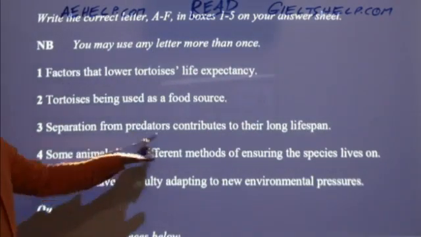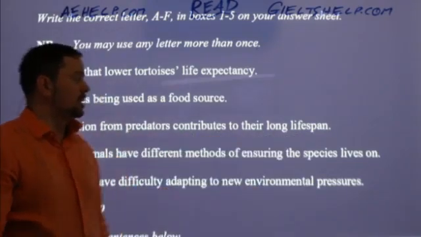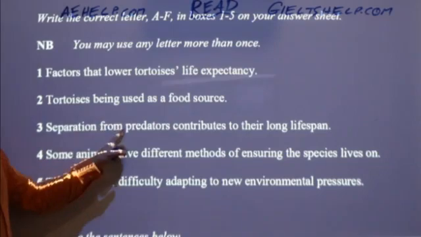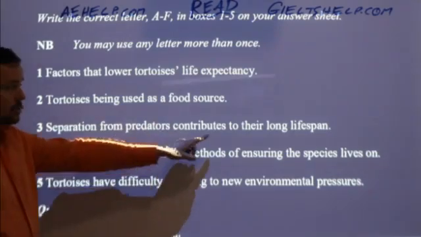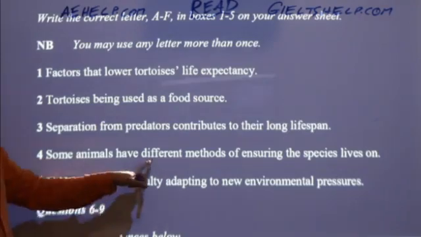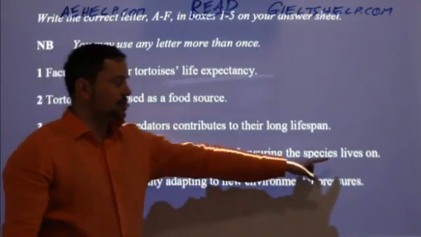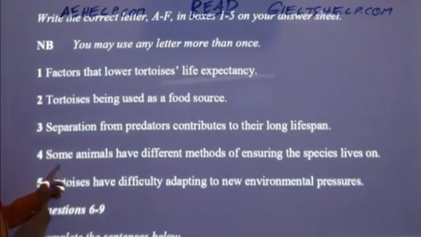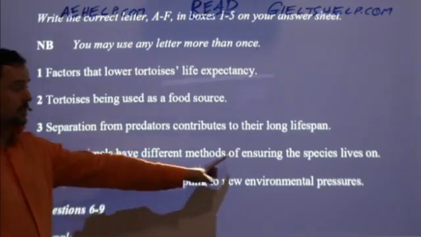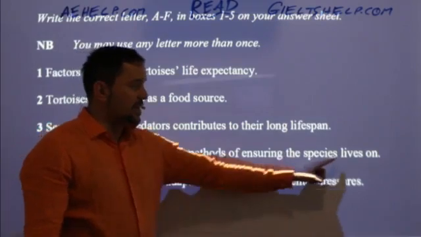Separation from predators contributes to their long lifespan. Isolation from carnivores adds to their long life. Some animals have different methods of ensuring the species lives on. Certain creatures have various ways of guaranteeing that they survive.